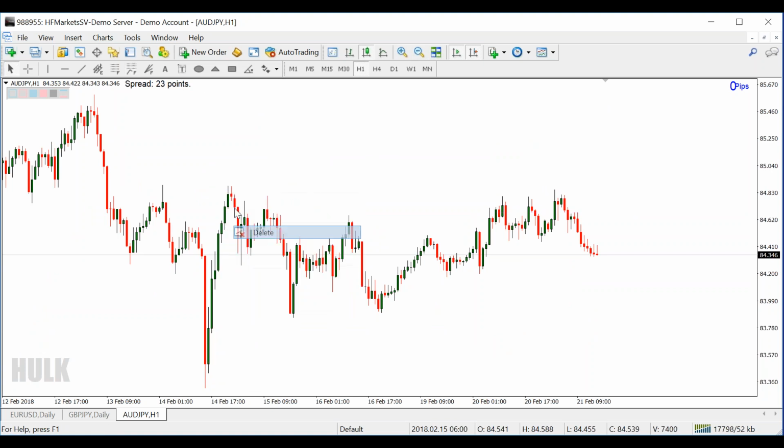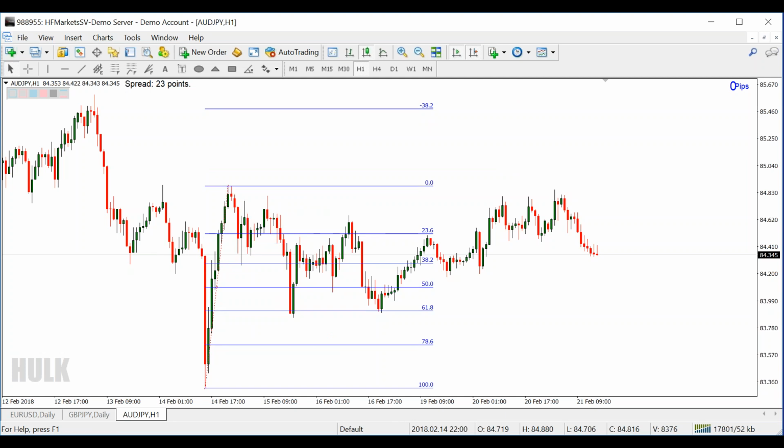Oh, sorry, not this one. We take the Fibonacci, swing high to swing low. You can see it makes a rejection, and at the time of rejection with the engulfing, then it goes. So that's how Fibonacci assists.